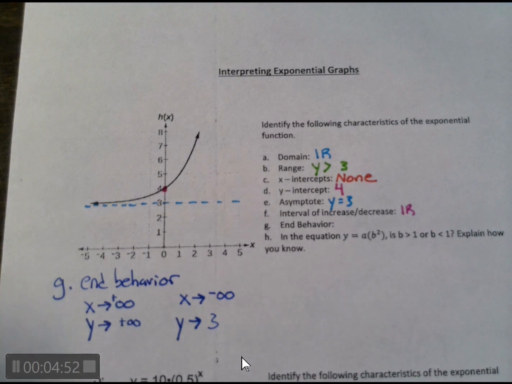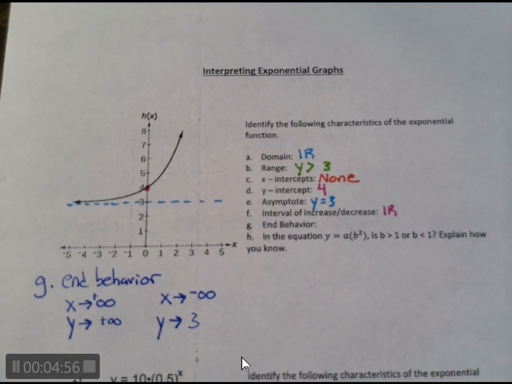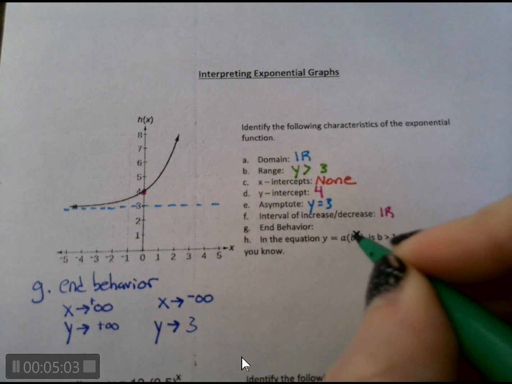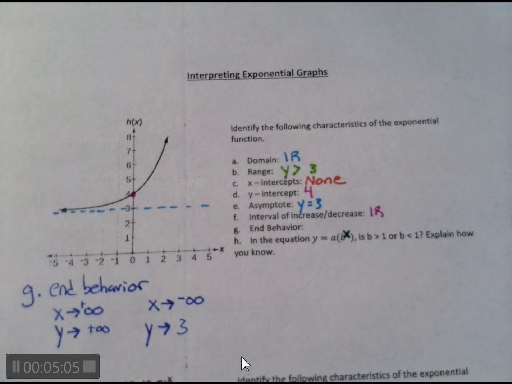Alrighty. And then finally, here's something that we have not talked about yet. So in our equation, y equals a times b to the x. Is our b greater than 1 or less than 1? And explain how you know. Okay, so when b is greater than 1, our graph will always be increasing.